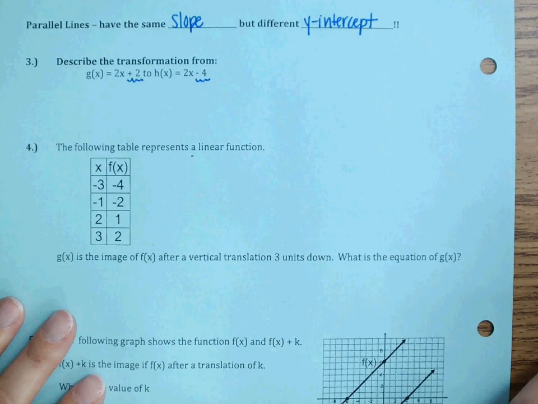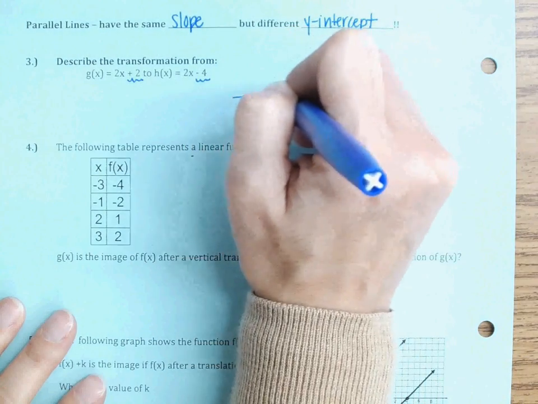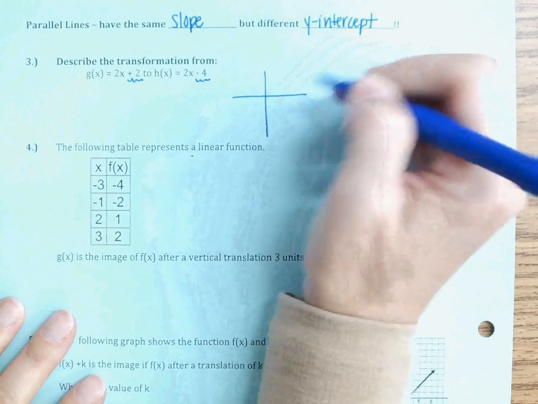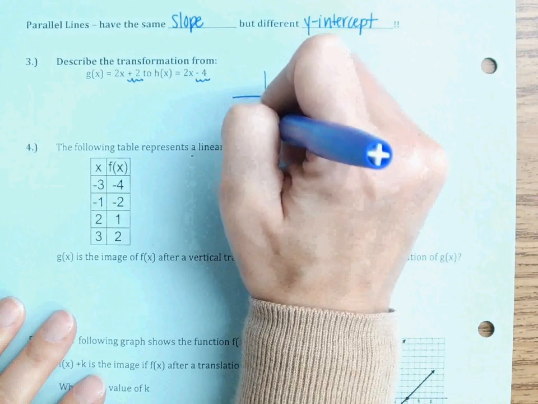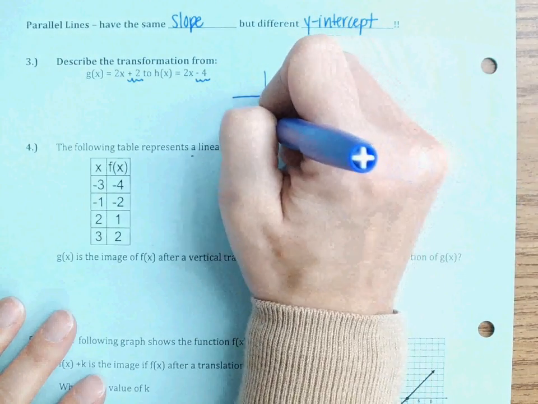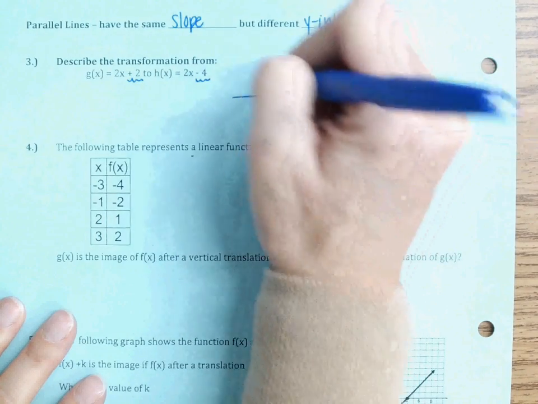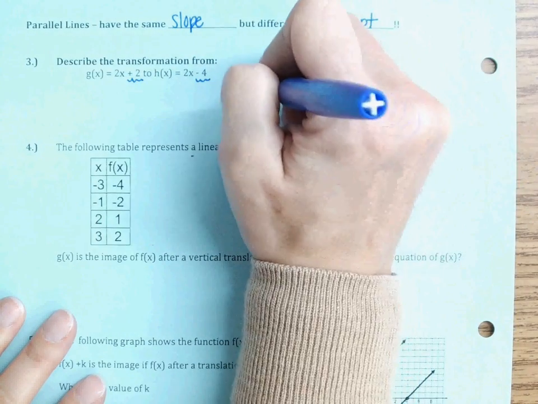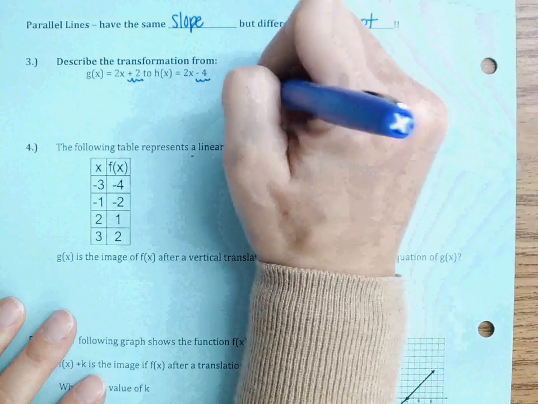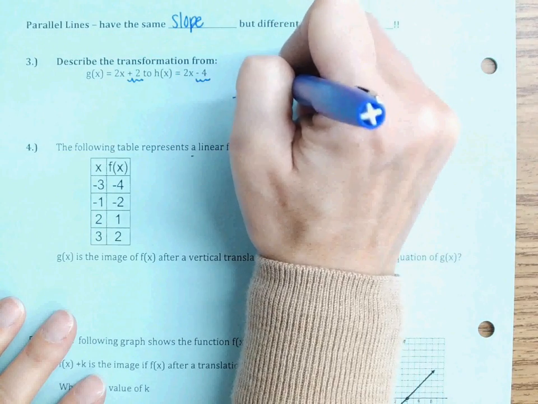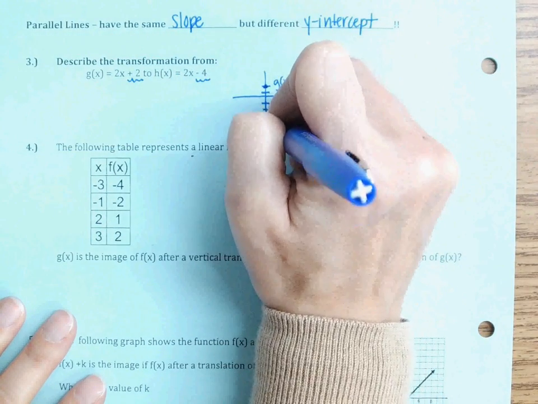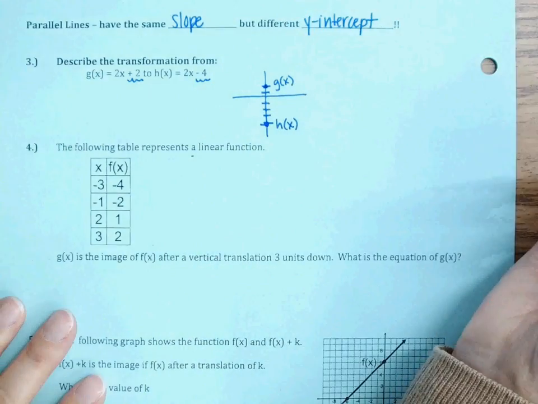Something to think about with this problem, I'm going to quickly draw a coordinate plane, and 1, 2, 3, 4. There I have negative 4 as my y-intercept. For the first one, I can label this one g of x, and the other one h of x.